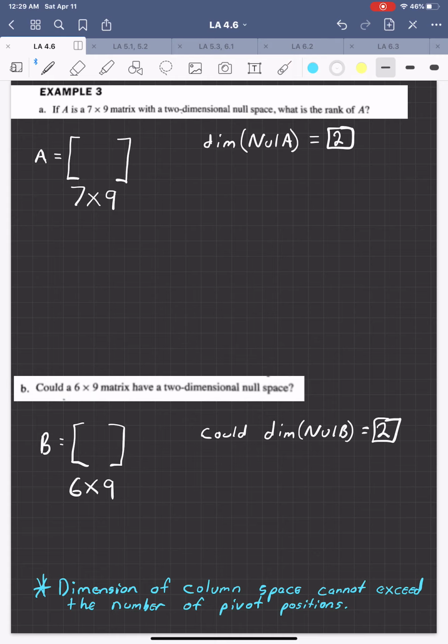I'm going to go ahead and grab that theorem from the previous page, and let's see if we can use that to our advantage. So remember that it said the rank of A plus the dimension of the null space of A equals n. Now let's think about what we have in this problem.